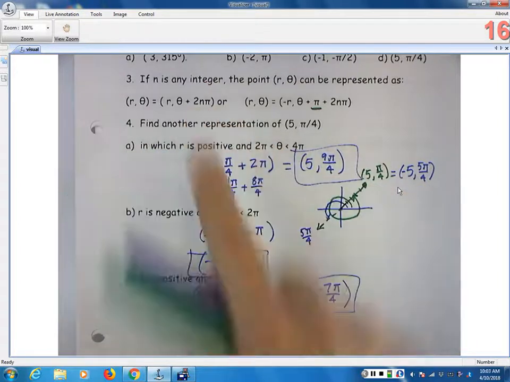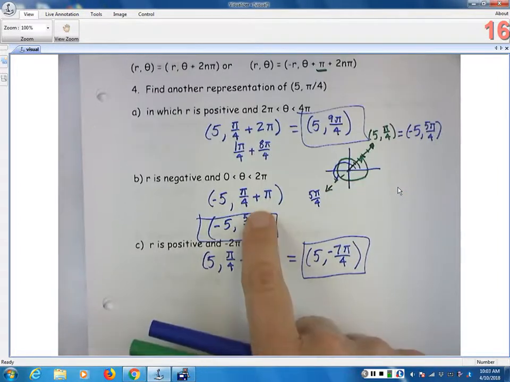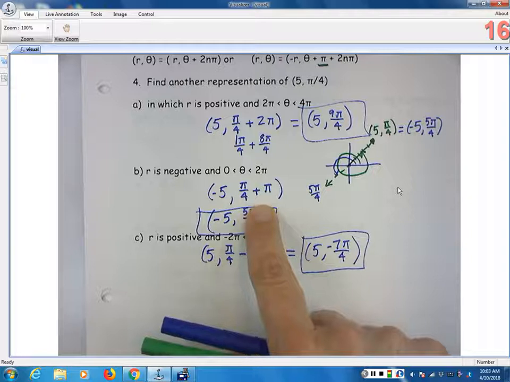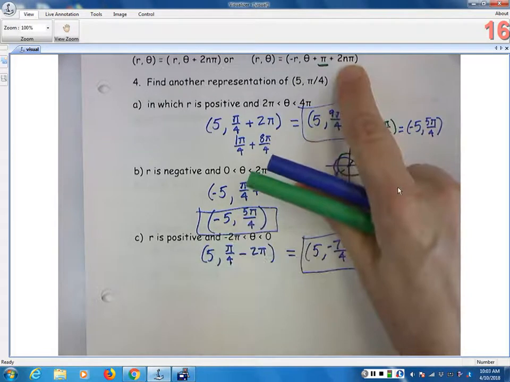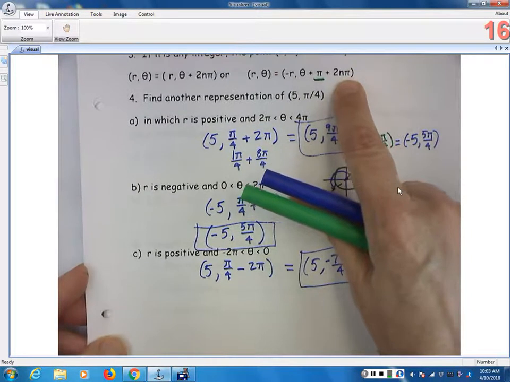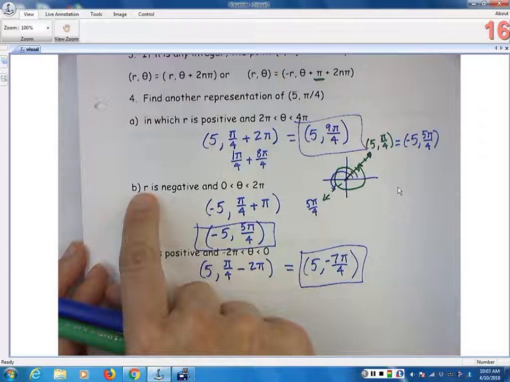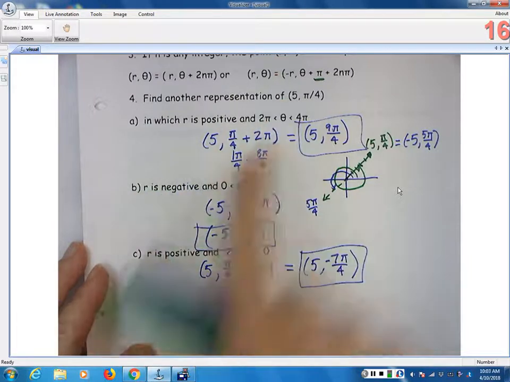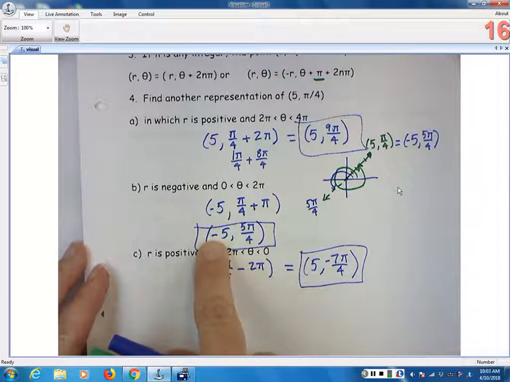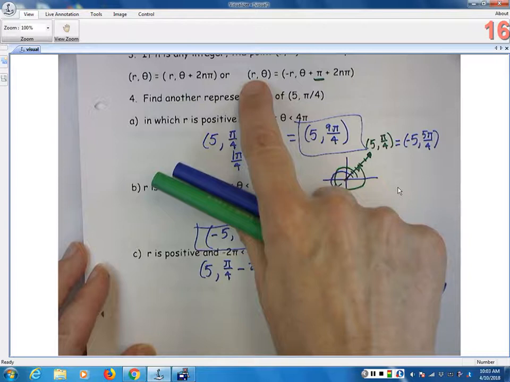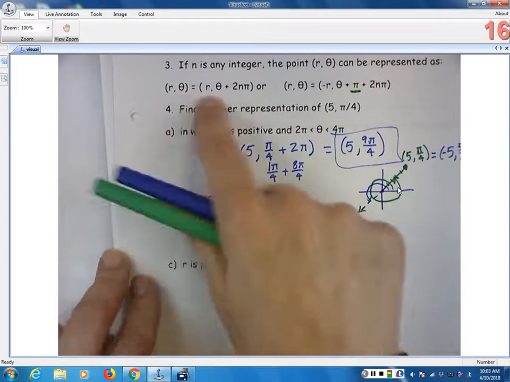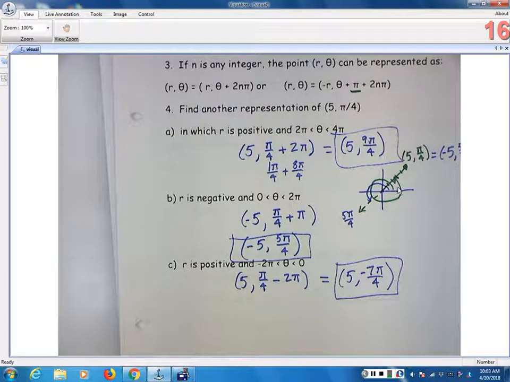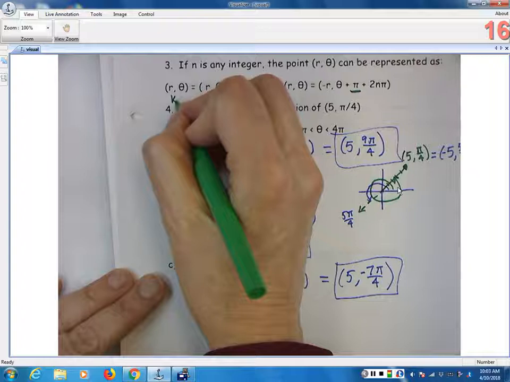Why did we only add pi and not 2 pi? Because I was letting n be 0, and because we're going from positive 5 to negative 5. This is when we're keeping r the same sign.